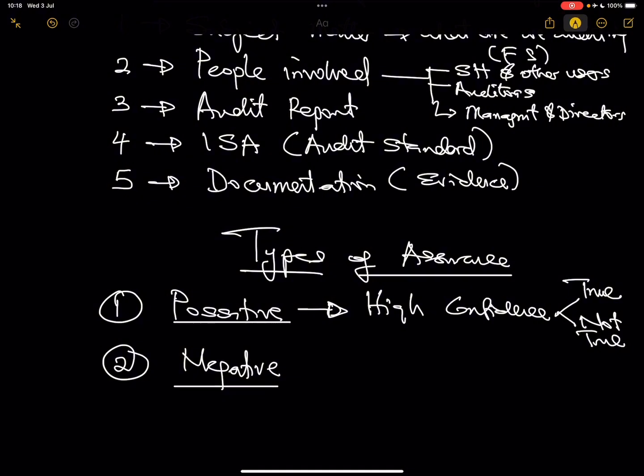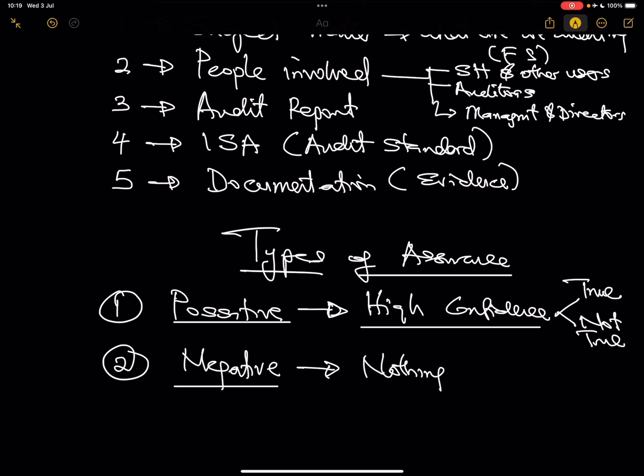However, negative assurance is not able to do that, because there is not so much work that will be done. In positive assurance, you do a lot of work to be able to give high confidence, you imagine. But in negative assurance, you don't necessarily have to do so much work, because all you have to say is that nothing.